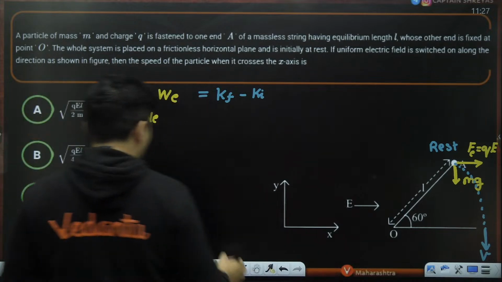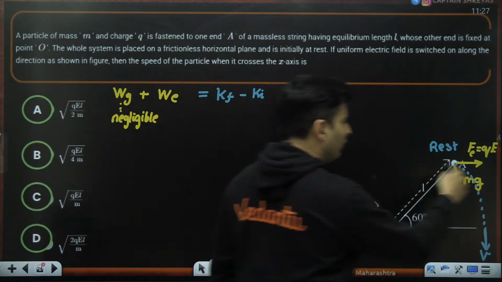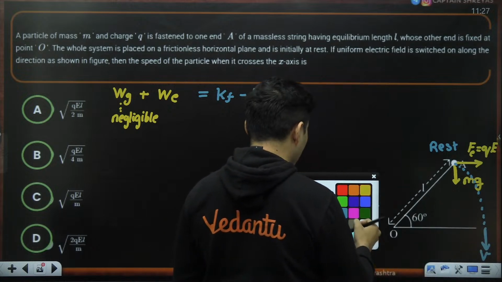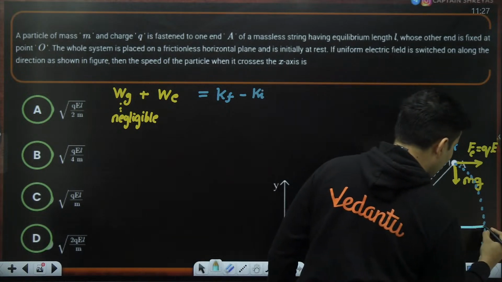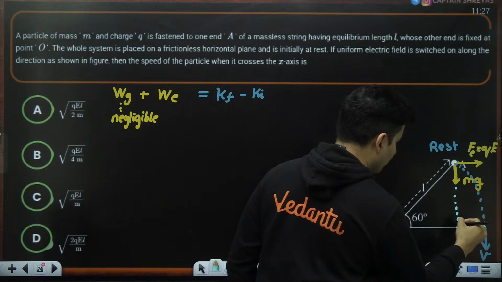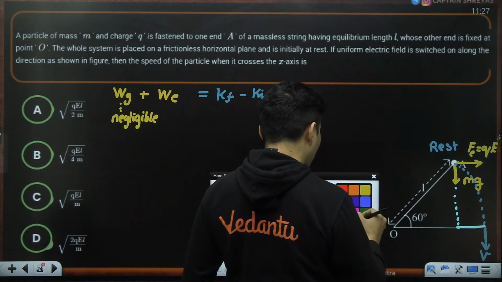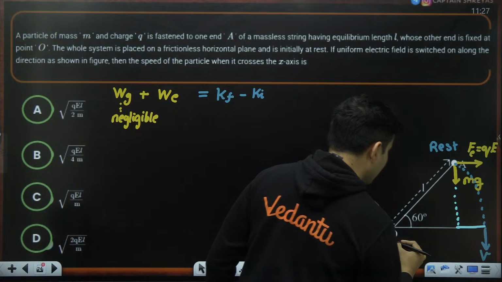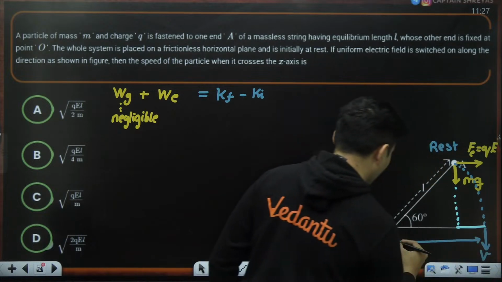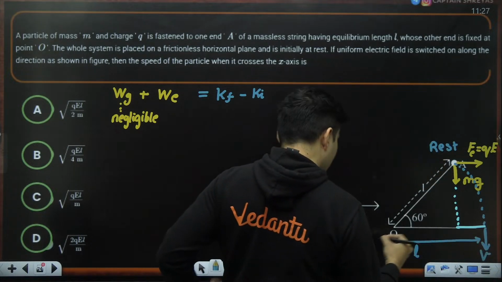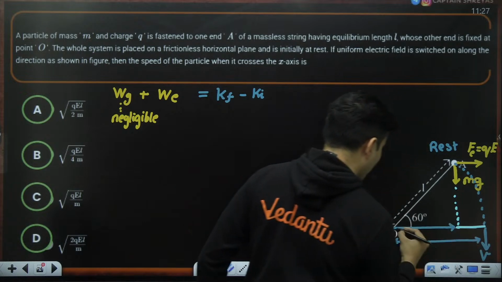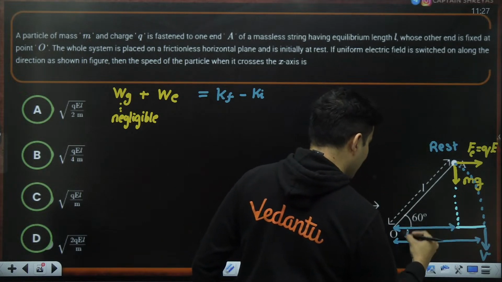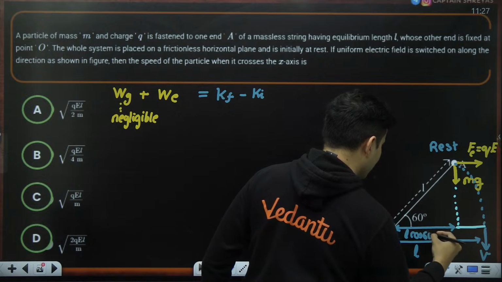So what is the work done by electric force? Force into the displacement. So what's the displacement? The displacement is only this much. So for that, you need to drop the perpendicular. And we all know that this entire length was L, and just this much length was L cos 60.